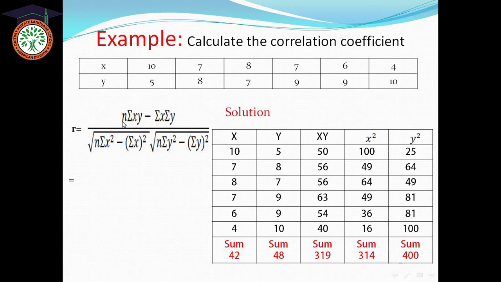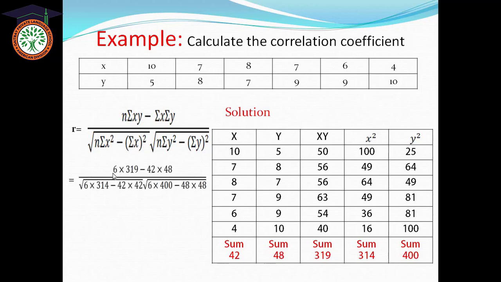What is the n? The n is the number of ordered pairs or the number of values. If you see the table here, how many values or ordered pairs do we have? 1, 2, 3, 4, 5, 6. So n here is 6.